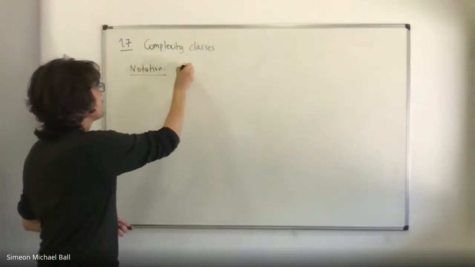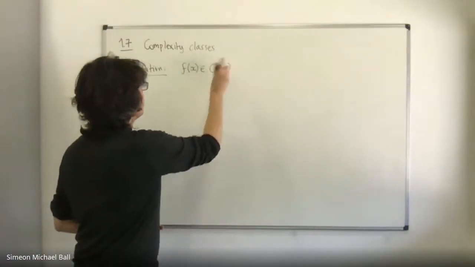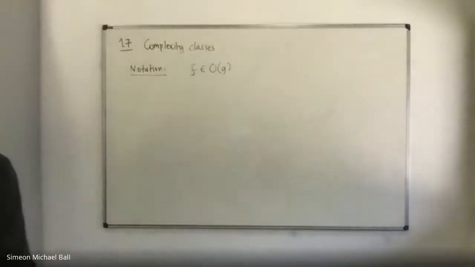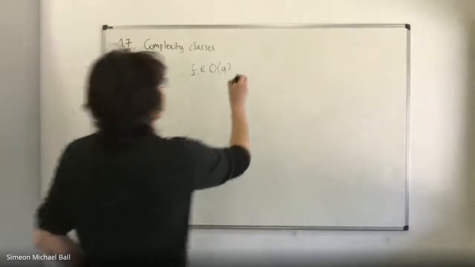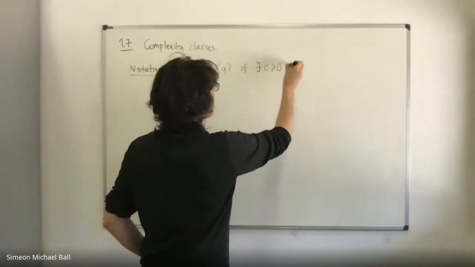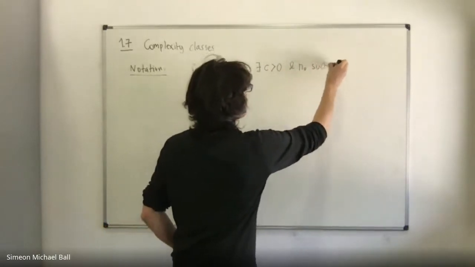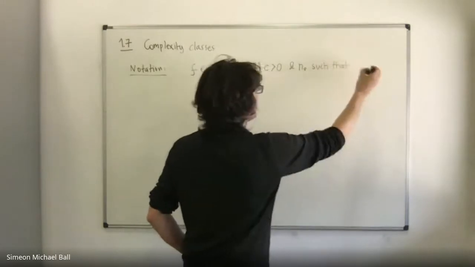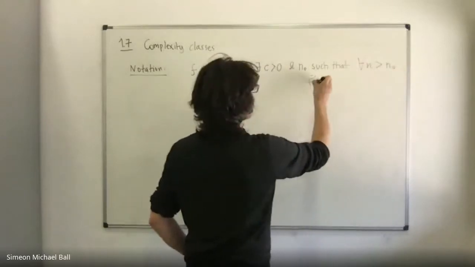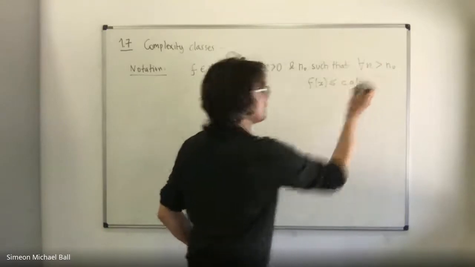We say a function f is in big O of g if there is a constant c and n naught such that for all n bigger than n naught, f of n is bounded by this constant times g of n.